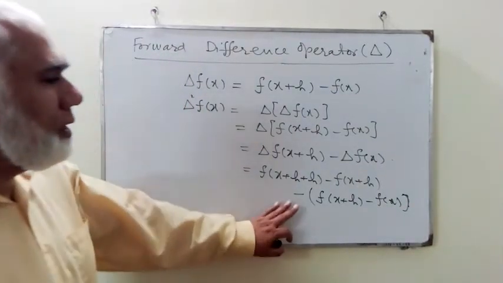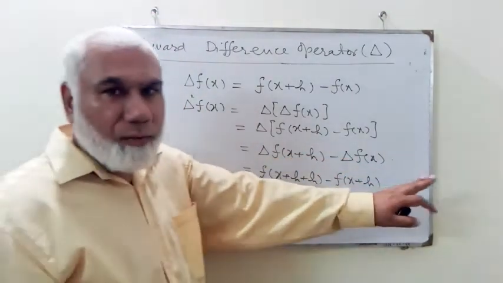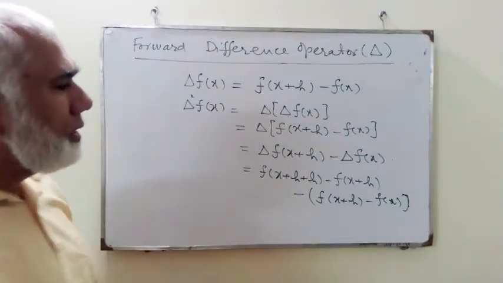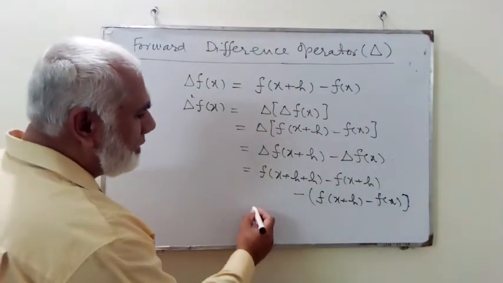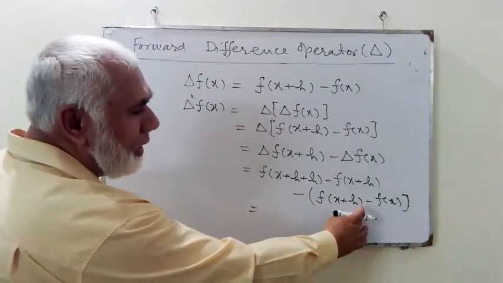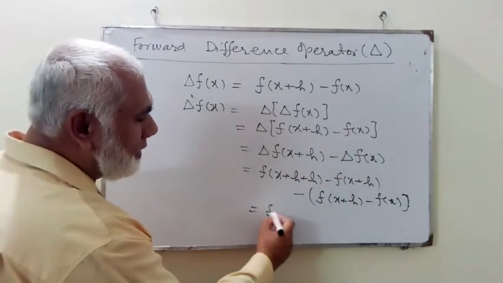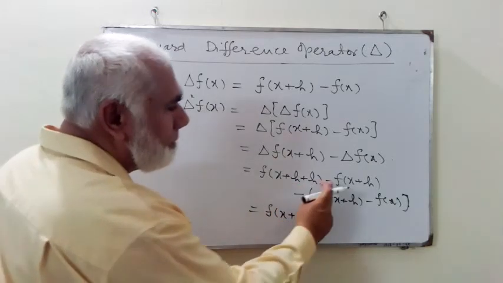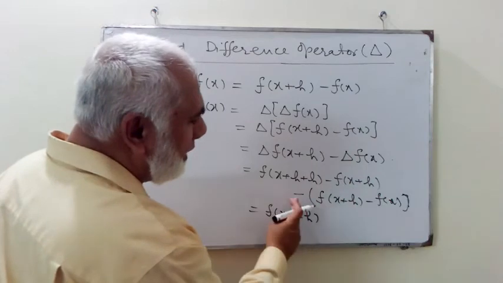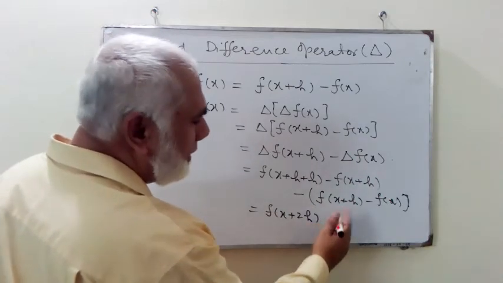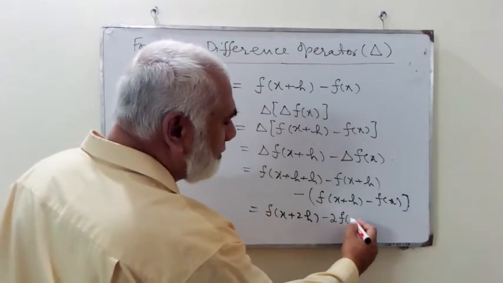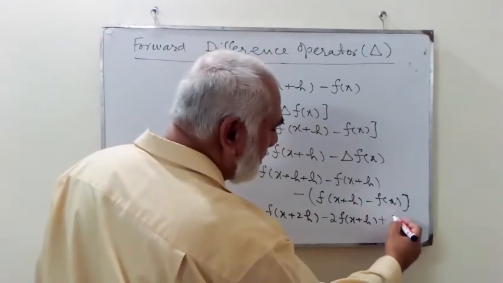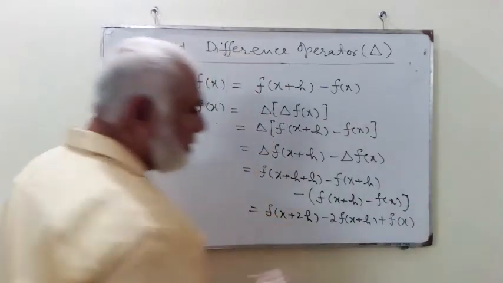So here you can see after applying the forward difference operator over this function as well as over this function, we got this result. Now this can be further simplified if we split the bracket and join the terms. So here we get f(x+2h), minus f(x+h) from here and minus f(x+h) from here gives you minus 2 times f(x+h), and this minus changes the sign of this and gives you plus f(x).